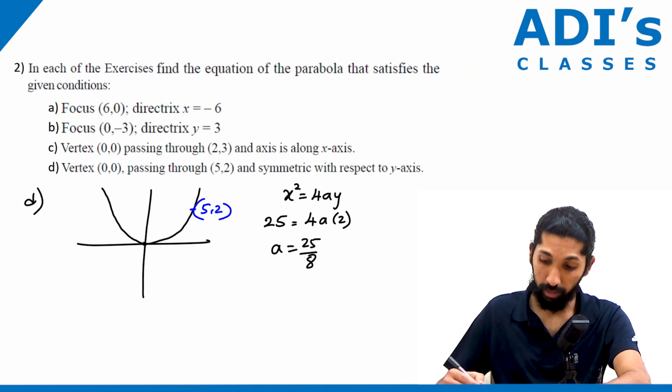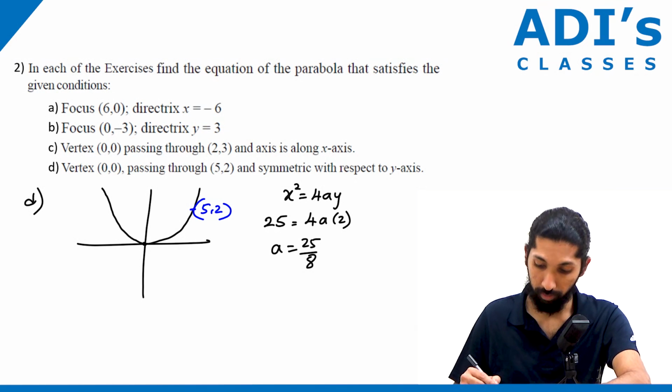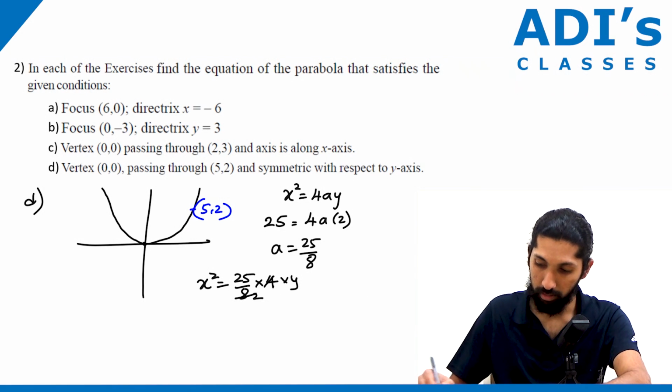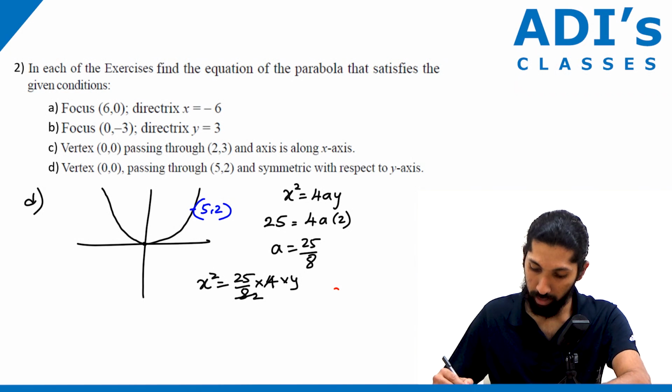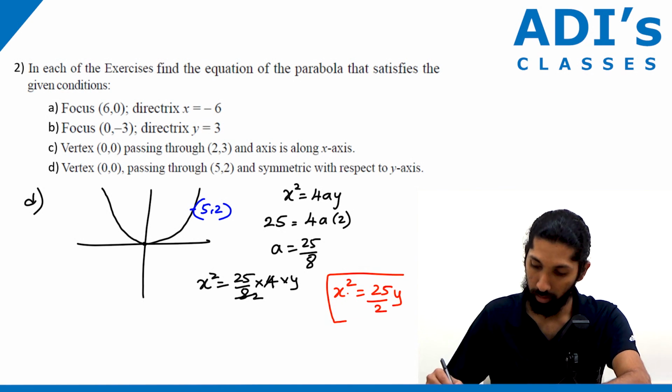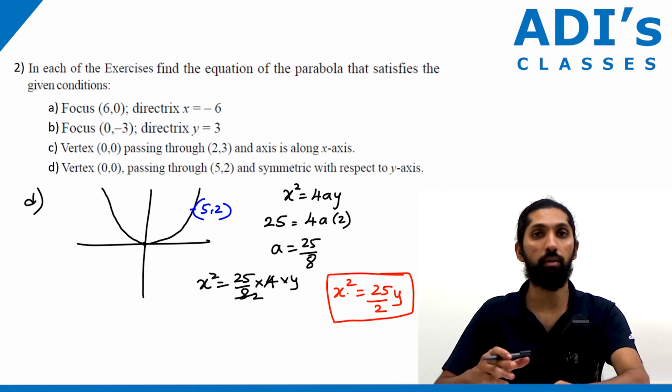X square is 4ay. Substitute. X square is equal to 25 by 8 into 4 into y. Cancel. So, what do you get? X square is equal to 25 by 2 into y. This becomes the equation of the parabola.